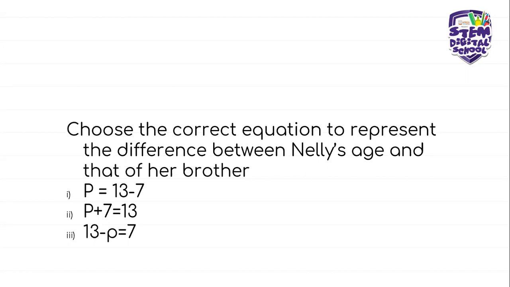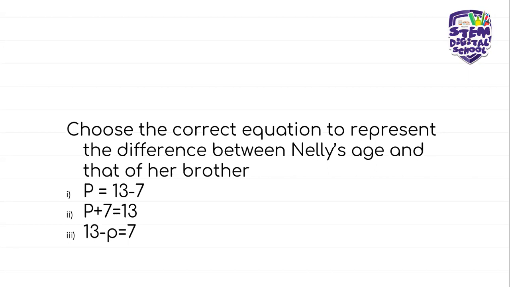If you look at the first equation, 13 minus 7, Nelly is 13 years old now. And we know that Nelly is 7 years older than her brother. So this means that her brother is younger and she's older. If you subtract 7 from 13, what do you get?